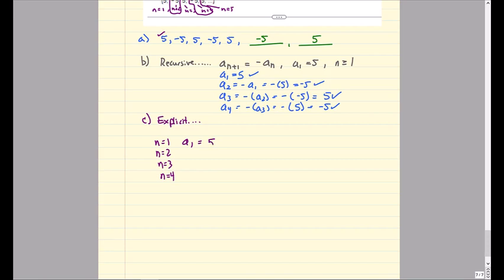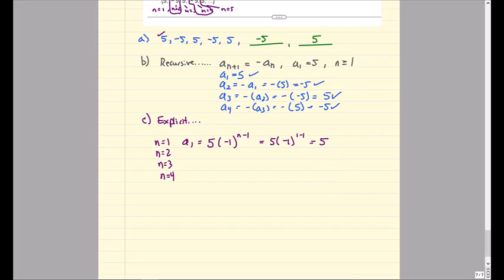So this would be 5 times a negative 1 to the, let's try n minus 1. Let's see if this will work. And if it doesn't work, it's trial and error. We'll try something different. So if we plug in n equal 1, I'd have 5 times negative 1 to the 1 minus 1, and 1 minus 1 is 0. Negative 1 to the 0 power is 1. 5 times 1 is 5.